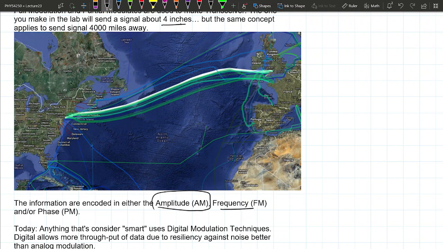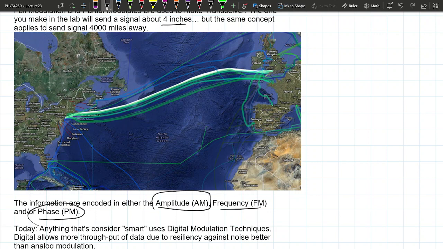The other one you can do is by changing the frequency. By changing the frequency, you're basically making the wavelength longer and shorter, right? That also encodes information, okay? There's the other one called phase modulation, where you're just shifting it around. It's really hard to demonstrate in class with our oscilloscopes, but by just changing the phase, you will get a slightly different signal, okay?